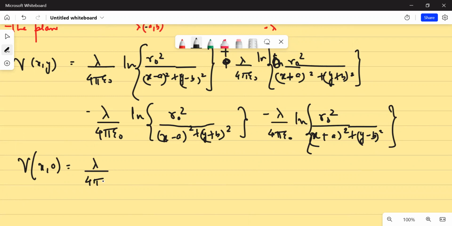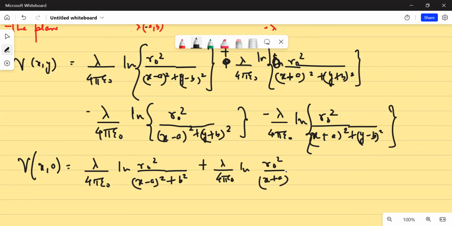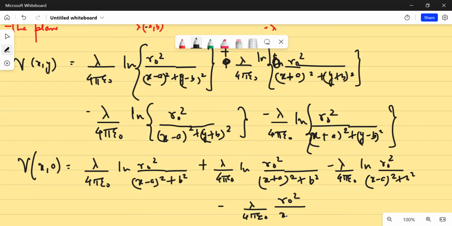Lambda upon 4 pi epsilon naught ln of r naught squared over (x minus a) whole squared plus b squared, plus lambda upon 4 pi epsilon naught ln of r naught squared over (x plus a) whole squared plus b squared, then minus the same two terms again.